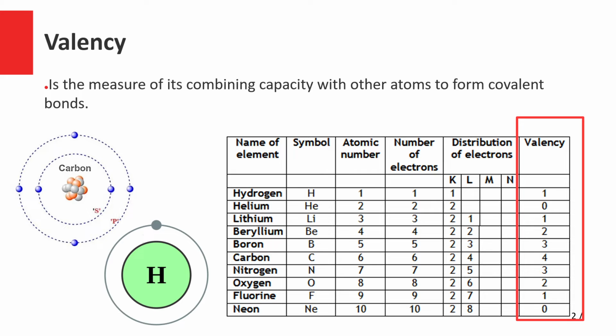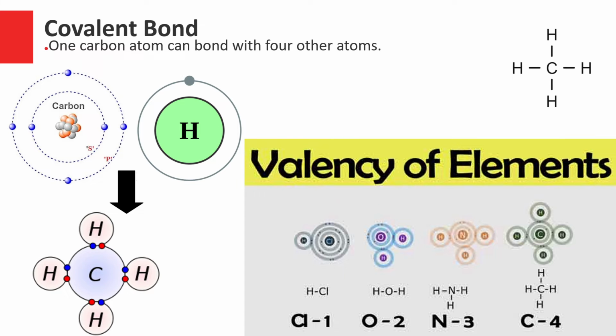So hydrogen forms 1 covalent bond, oxygen forms 2 covalent bonds, and carbon forms 4 covalent bonds. So moving forward, here's an illustration of what I just described.